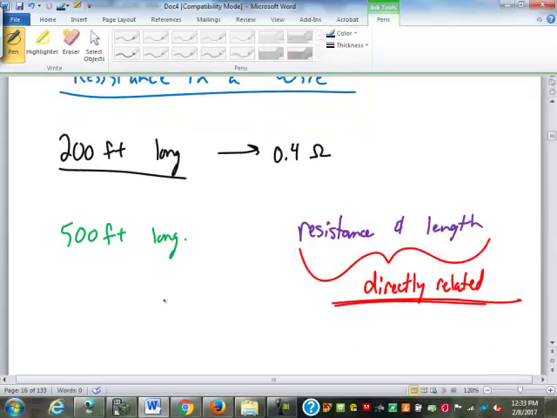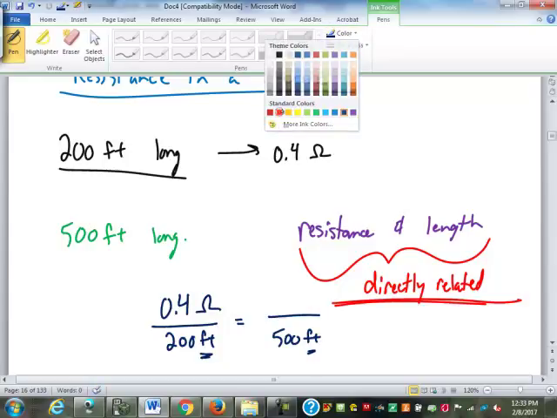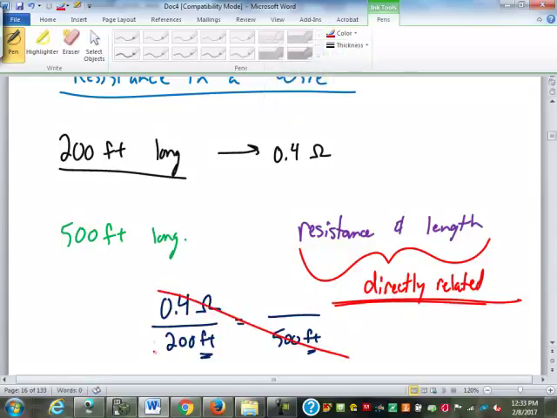So if we have 0.4 ohms at 200 feet, now 500 feet, the 500 feet have to go on bottom because we have to line up feet with feet. We can cross multiply and divide. 0.4 times 500 divided by 200 is 1.0 ohms. Again, ohms have to line up with other ohms.